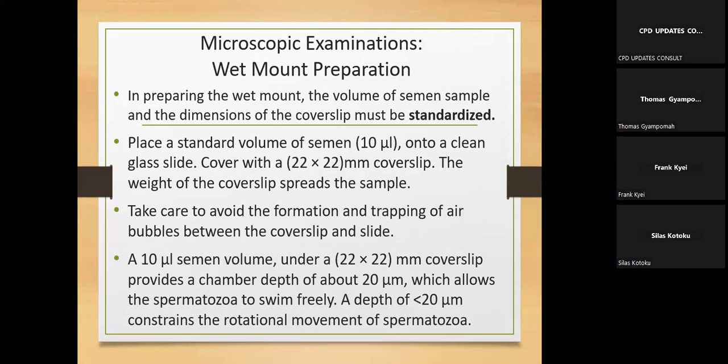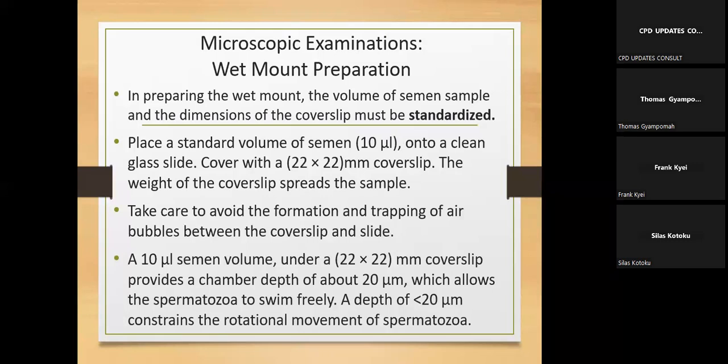Therefore, if you want your h, which is the height or the depth of the suspension, it should be 10 divided by 22 by 22. And remember the 10 here is 10 millimeter cube. The 22 by 22 is going to give you 484.